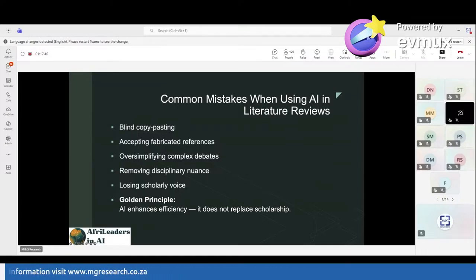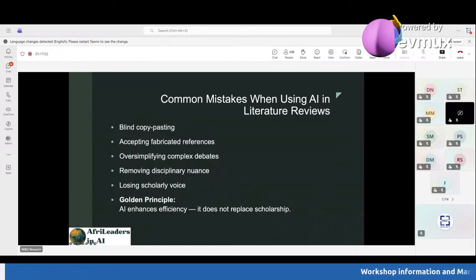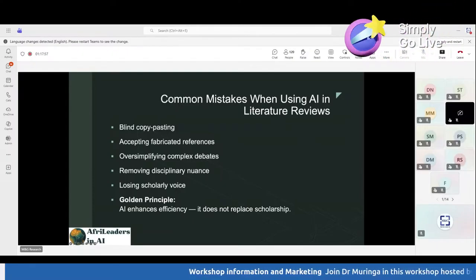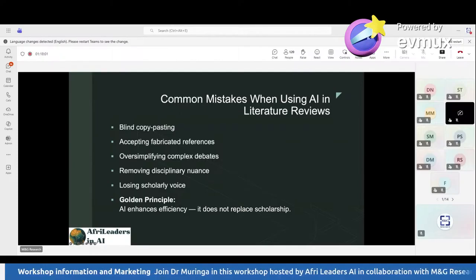So ChatGPT also has a problem of removing disciplinary nuances, right? It tends to not be familiar with the discipline you come from. And the best way to deal with that aspect is for you to give it context before you begin the prompting, right?